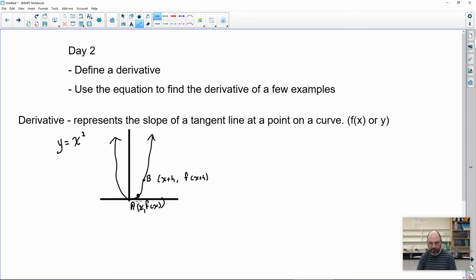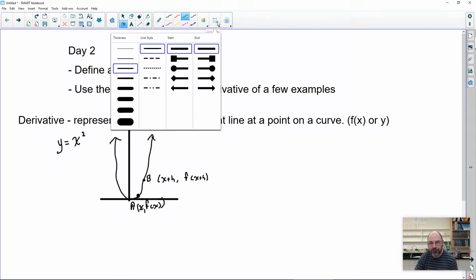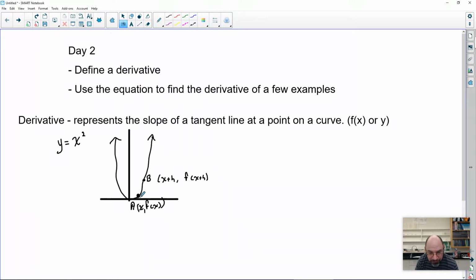And then some distance from here to here, if we do this in a different color so we can see it a little better, from here to here, that distance is h. You moved h away from there.